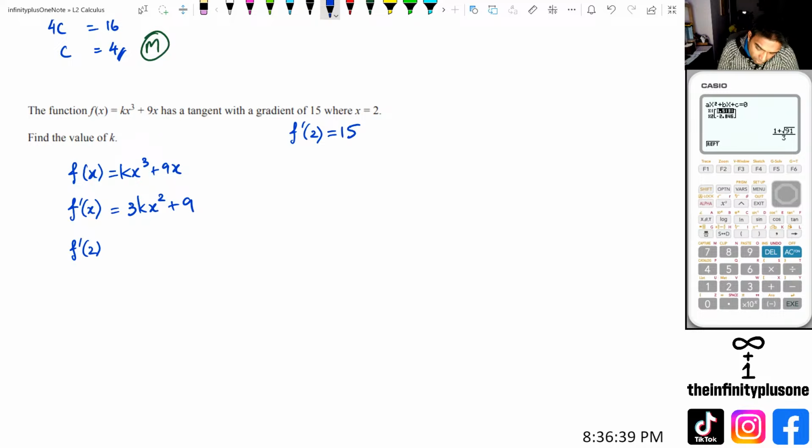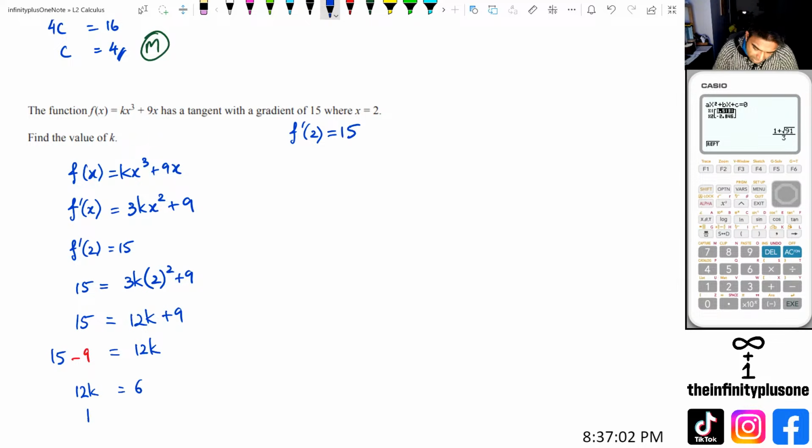Because f dash of 2 equals 15, we've got 15 equals 3k times 2 squared plus 9. We're going to get 15 equals 3 times 4, which is 12k plus 9. Then 12k equals 15 take away 9, so 12k equals 6, and k is equal to 6 over 12, or 0.5. That's an achieved right there.